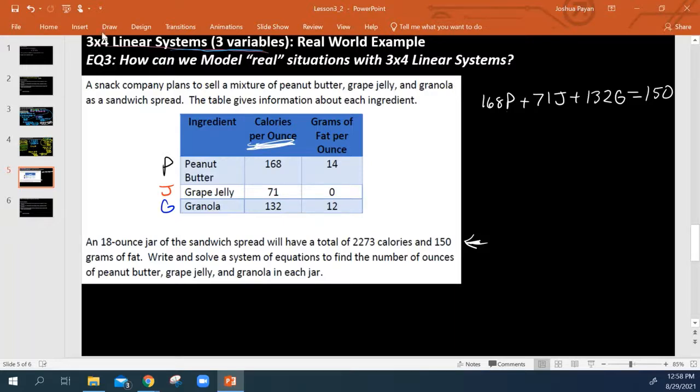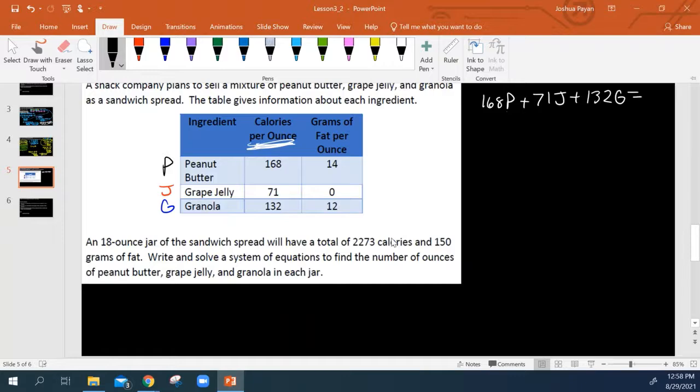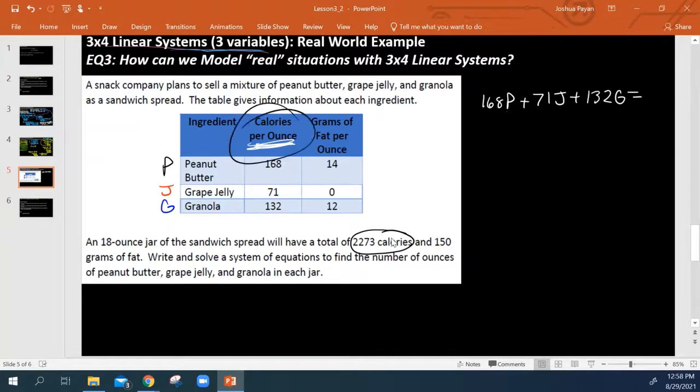Oops, that's not what it should give me. We're looking at the calories. This is calories. This is calories. So that should give me 2273.